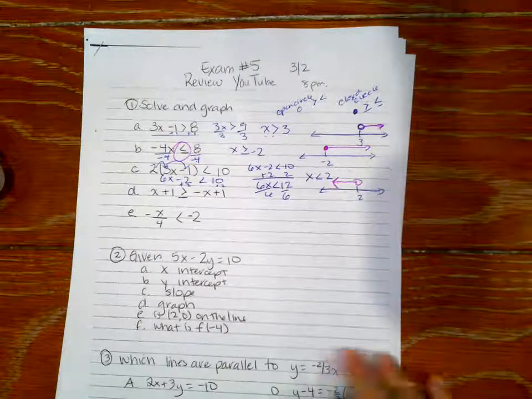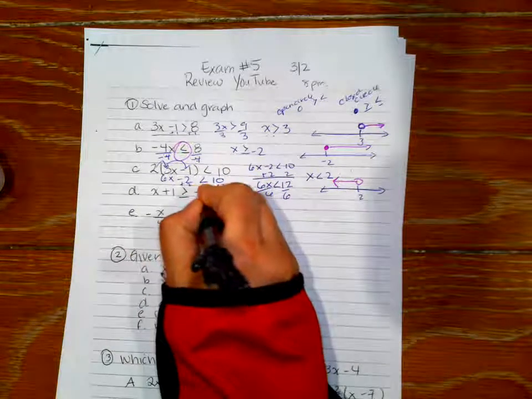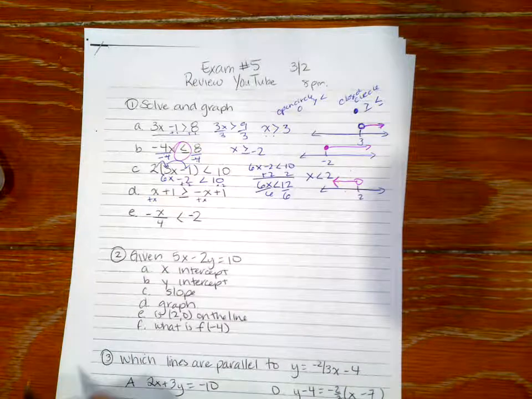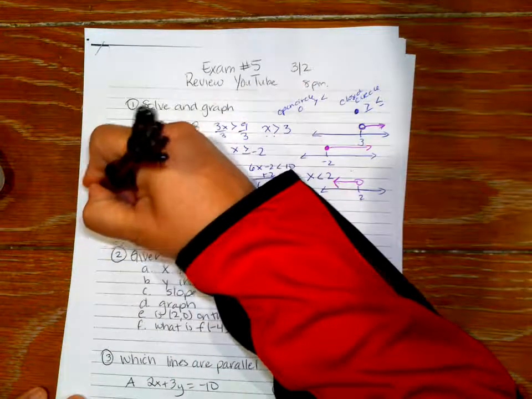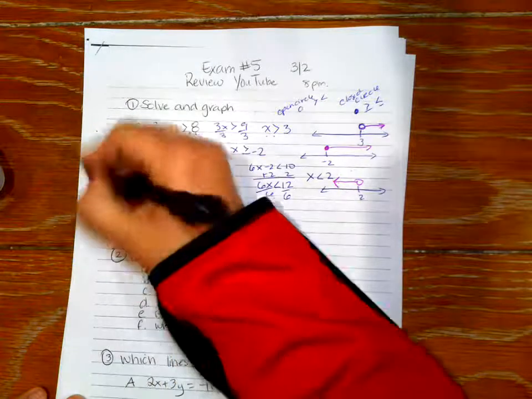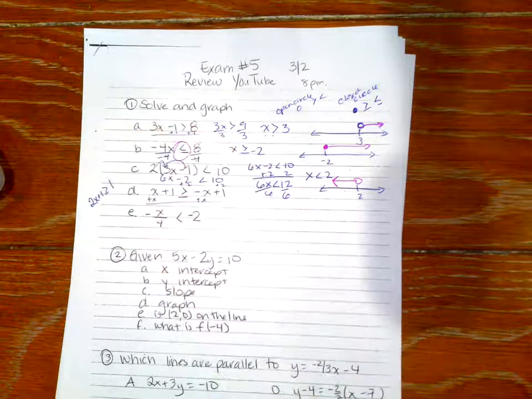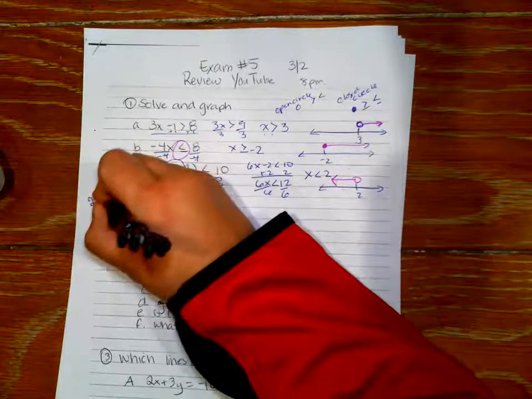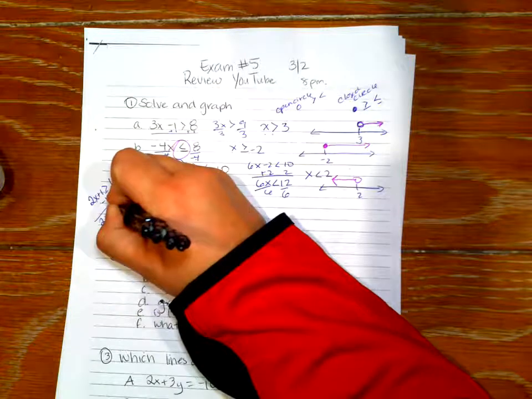Okay, right here, one's a little trickier. I'm going to add x to both sides. That's going to give me, I'm going to move this over here. That's going to give me 2x plus 1 is greater than or equal to 1. I'm going to subtract 1 from both sides. 2x is greater than or equal to 0.